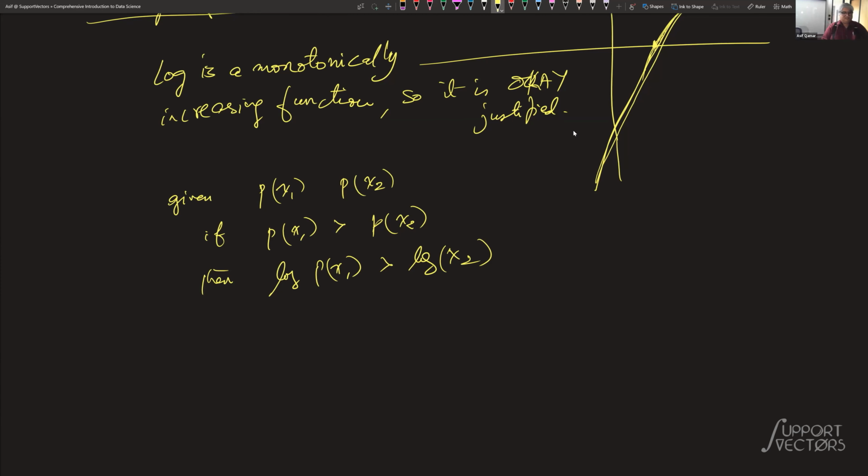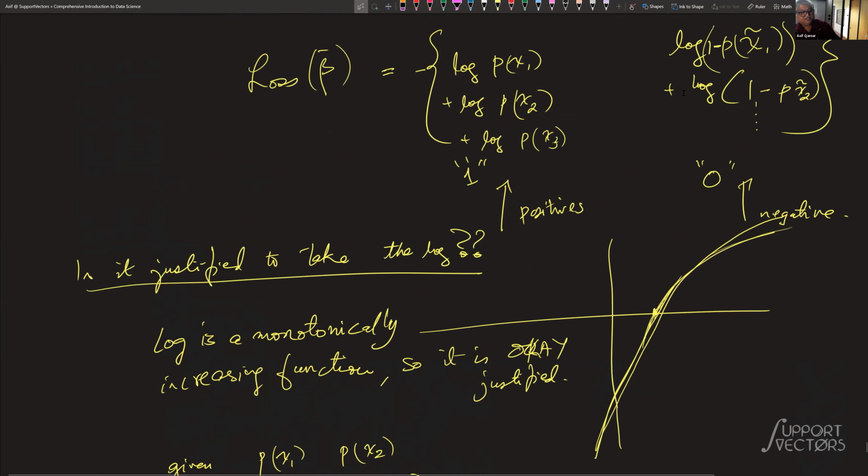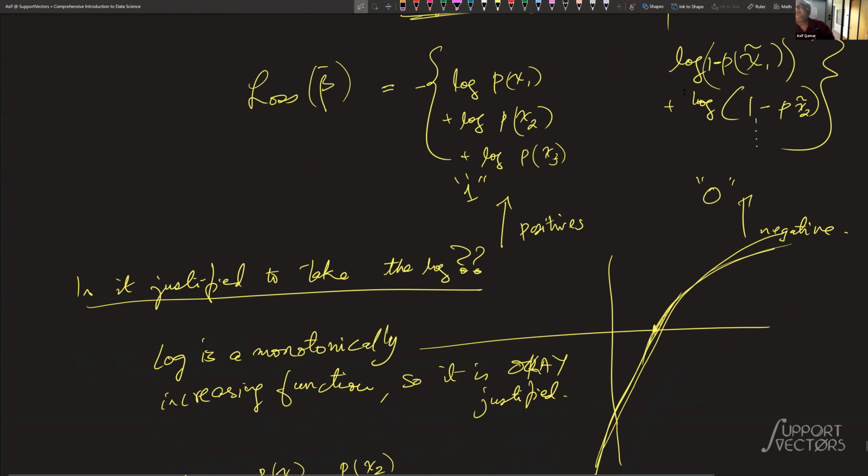So now we come to the conclusion that the loss, once again, to write it out here, we realized, is negative of. Can I write it in a slightly more succinct notation instead of saying log x1, x2, x3?